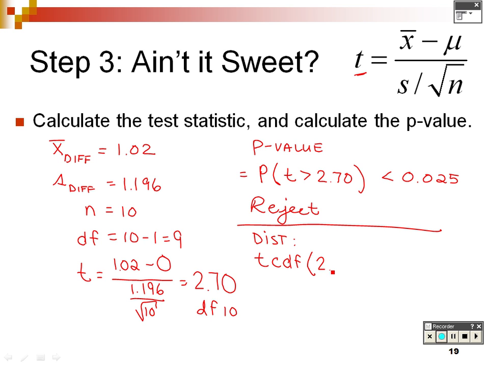You put in the range of scores, so from 2.7 to infinity, which we're calling E99. And the one other piece of information you have to tell the calculator is what kind of distribution it is. So we know it's a t distribution, but how many degrees of freedom? So you would also put in 9 degrees of freedom, and what's going to pop out is almost exactly 0.01. So there we actually can get the p-value.